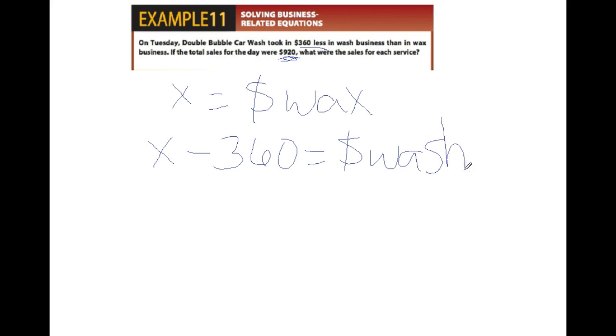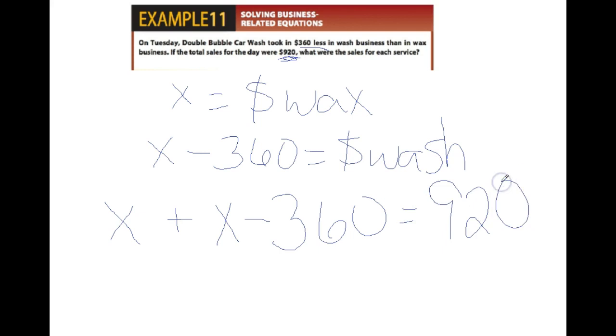Then we know when we add those up, the total sales, so we're making an equation, the equation is going to be X plus X minus 360 equals 920. From here, we're just going to solve the equation like we've done before.